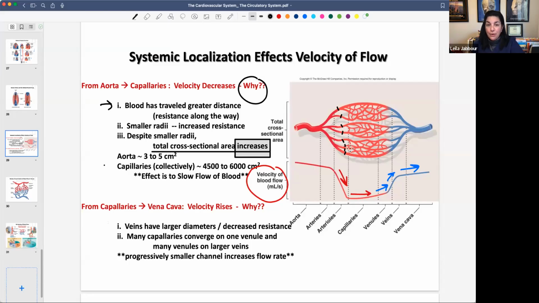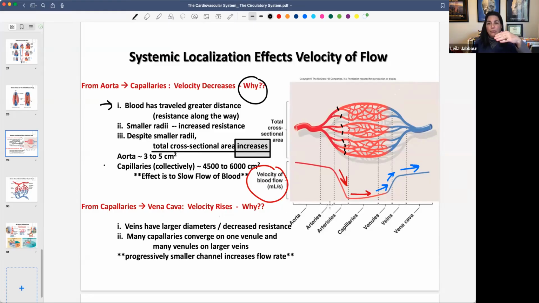Okay. So on the other end, you have the capillaries that are going to get into, eventually, we need to go all the way to get to the inferior vena cava or superior vena cava, but the vena cava to the heart. And velocity needs to rise because now it's about taking that blood back to the heart. So veins in general have larger diameters.